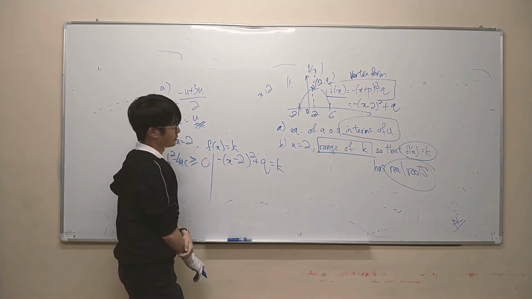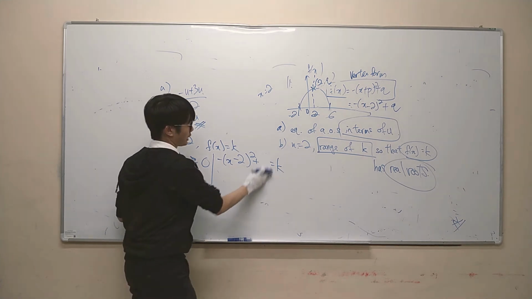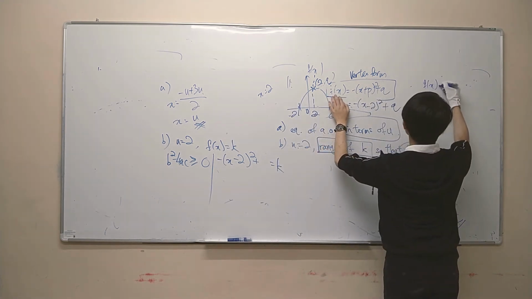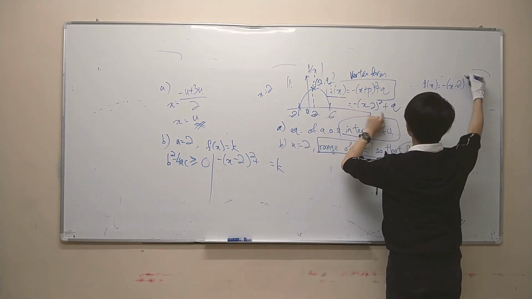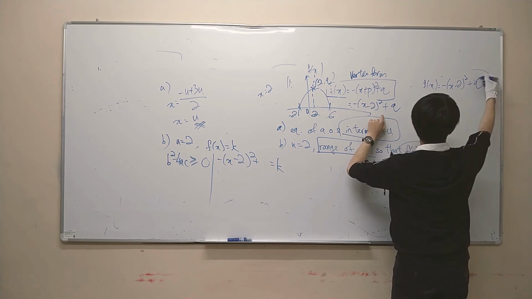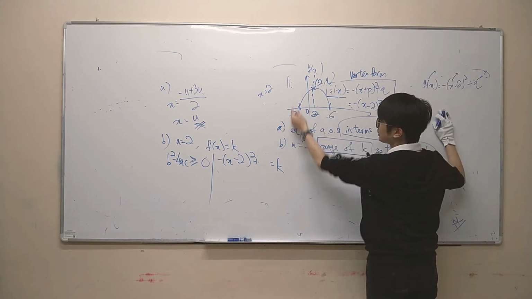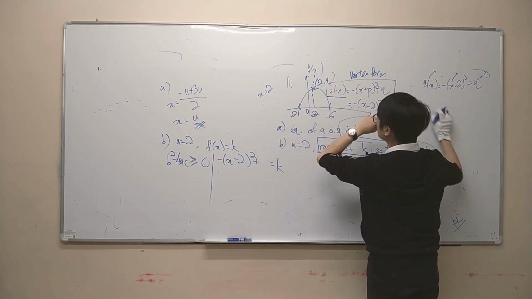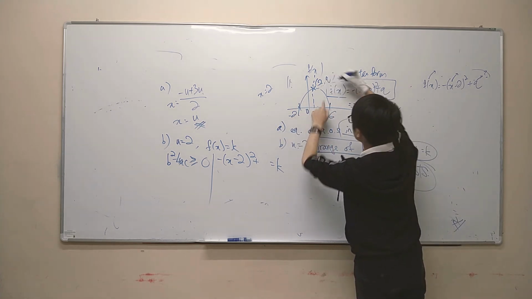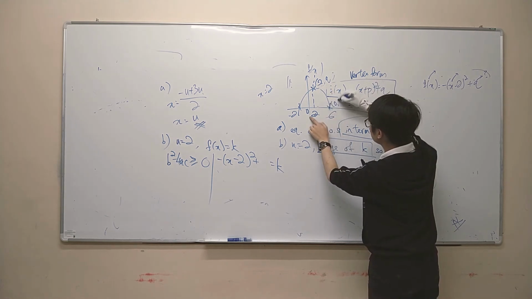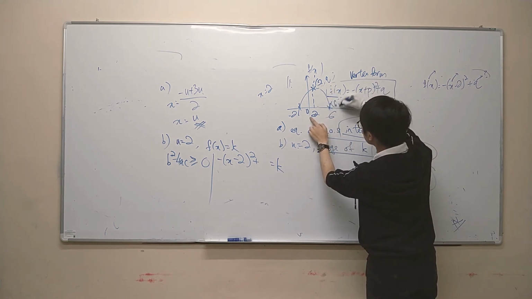And what about q? Q you can find actually because you already know fx equals to negative x minus 2 squared plus q. If I want to find q, I just need x and y connect. There's so many points. You choose a point that passes through lah. So let's say this is q, that means you cannot choose that because you don't know. But you know this is 6, 0.